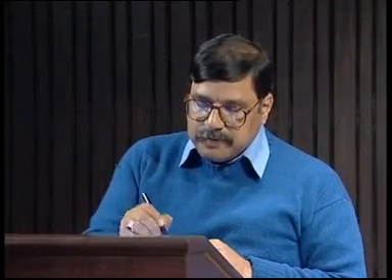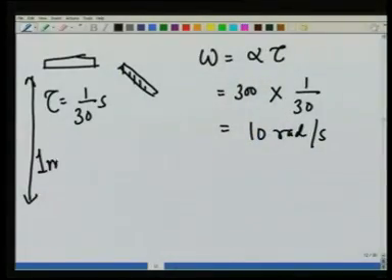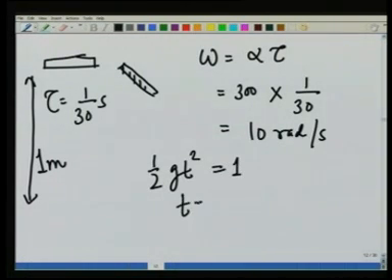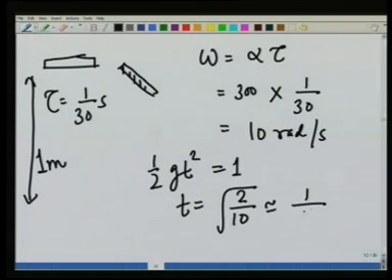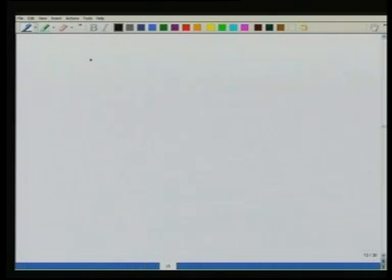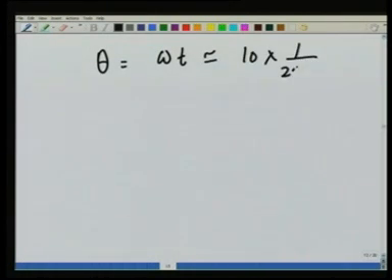If this dropped by 1 meter, then the time taken for it to drop would be given by 1/2 g t square equals 1, t equals square root of 2 over 10, which is roughly 1 over 2.5 seconds. And therefore, you see that the angle by the time it comes down would be equal to omega times t, which is 10 times 1 over 2.5, which is 4 radians.